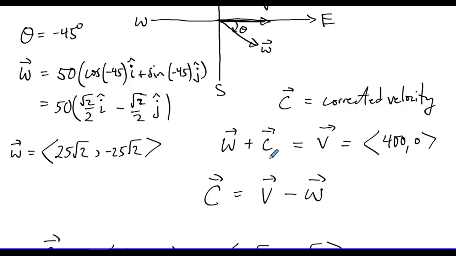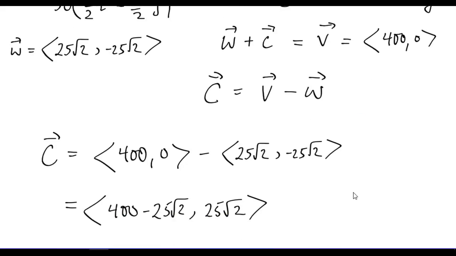So solving for the necessary velocity, c, we'll have c is v minus w, or the velocity we want without the wind. And then doing that subtraction, here's the target velocity that we're trying to get, 400, 0, minus the wind, distributing the negative and combining the components.